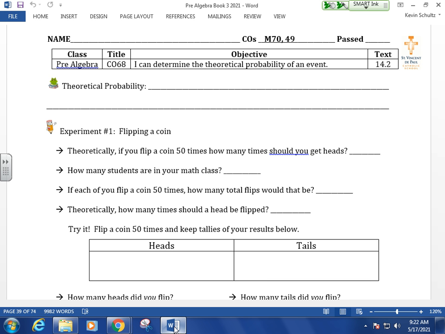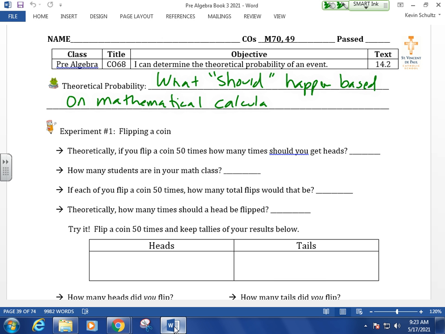So theoretical probability is what should happen based on mathematical calculation. Okay, theoretical probability is what should happen based on mathematical calculation.